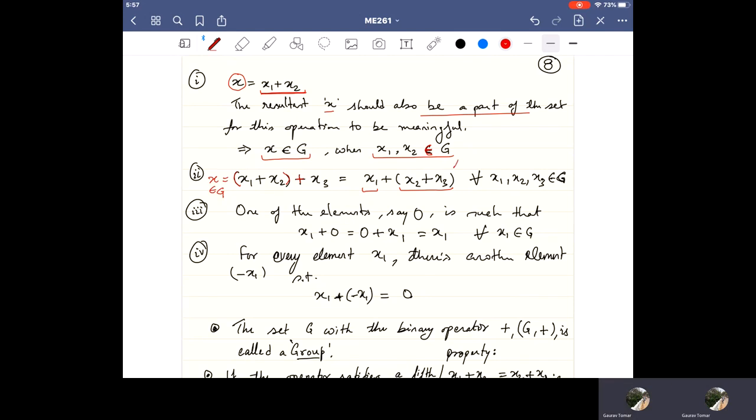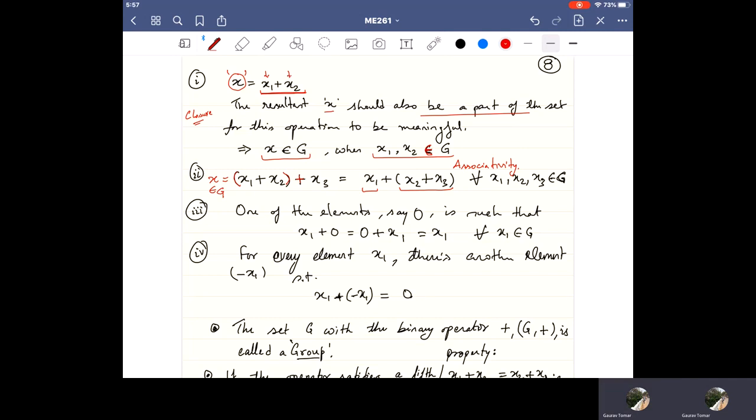This property, as we had discussed previously, is called associativity, right? The previous property is called closure. It's closed within this operation. So there is no need to bring in additional elements to define this new element that you've obtained by performing an operation between element 1 and element 2 of the set G. So it satisfies this closure property.